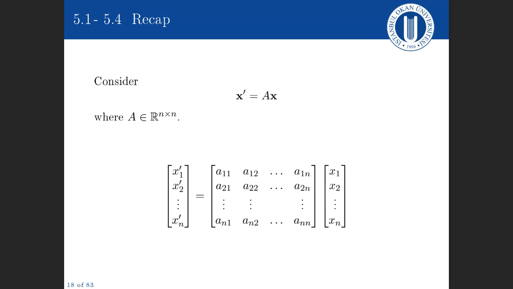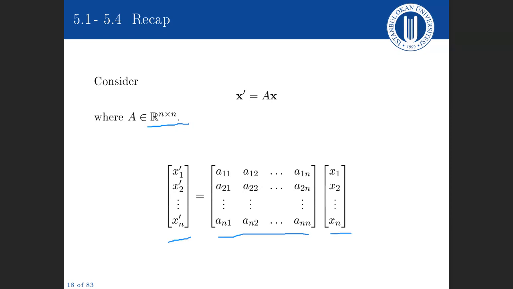Let's go back to talking about x prime is equal to Ax, where A is an n by n matrix of real numbers. Writing R to the power n cross n is a way of writing the set of all n by n matrices of real numbers. So we're thinking about x1 prime, x2 prime up to xn prime equal to this square matrix multiplied by x1, x2 up to xn.